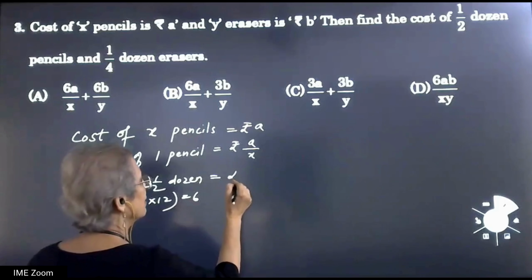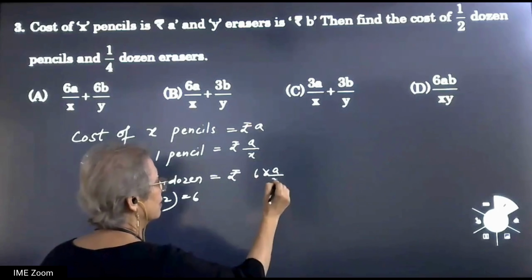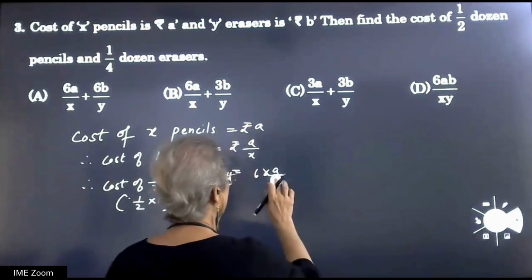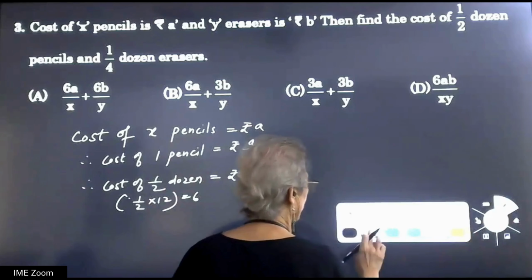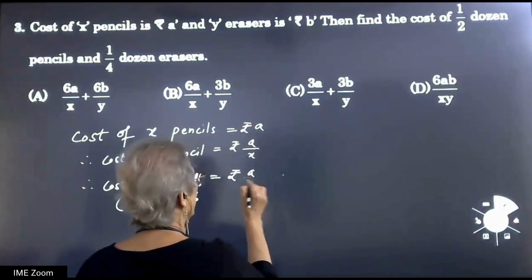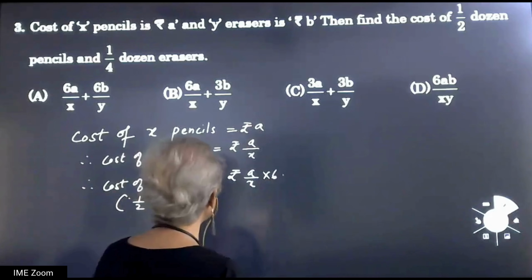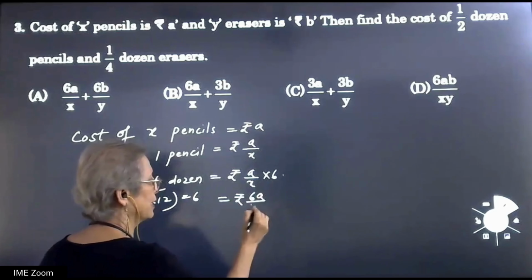And therefore, it will be rupees 6 into A upon X. Or wait, we'll write like this. Cost is A upon X into 6 pencils. Half dozen means 6 pencils. And therefore, the answer is rupees 6A upon X.